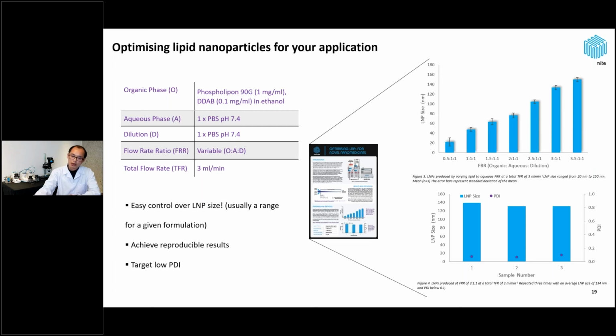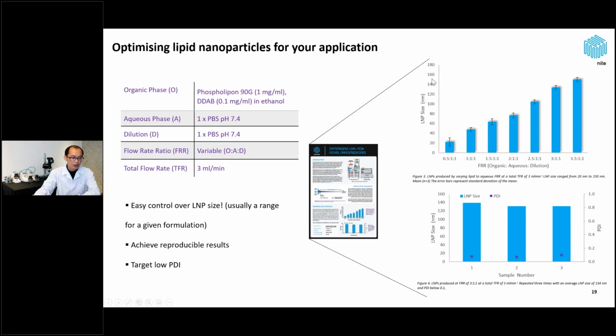The conditions when we're running the experiment include the organic phase reagent with the phospholipid and DAB as a lipid source, dissolved in ethanol, and the aqueous phase buffer and dilution phase also buffers, with the flow rate ratio variables changing with the experiment, under a fixed total flow rate of 3 ml per min.